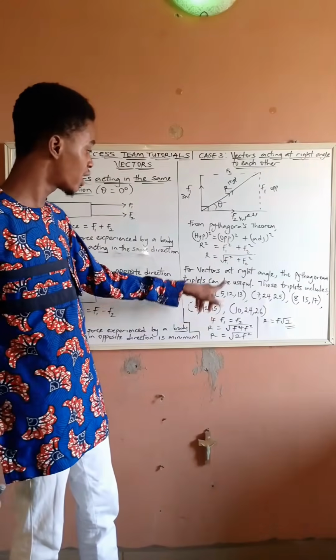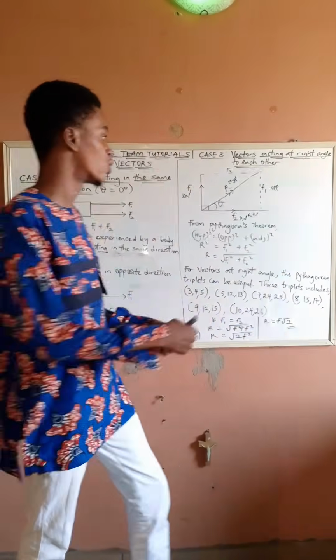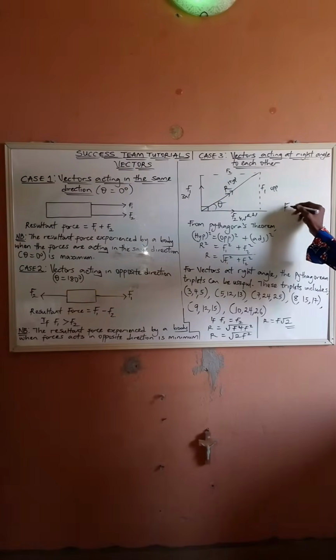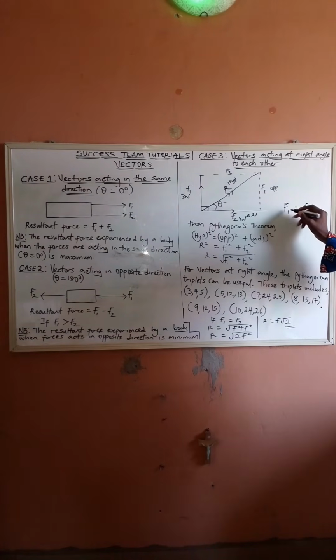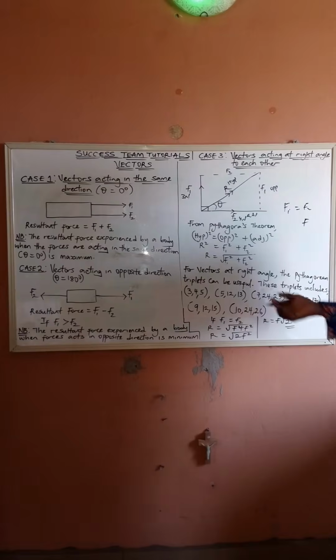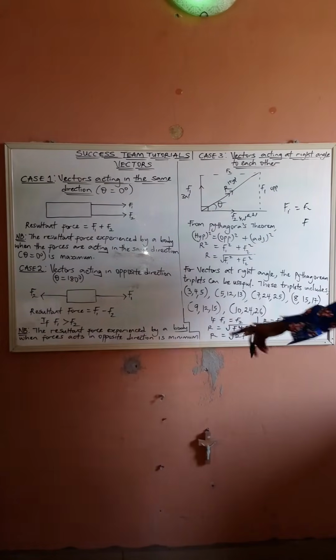Since F1 and F2 are equal, I can just represent the two of them as F. Since the two of them are equal, I don't want to differentiate them. So I'm going to have R is equal to the square root of F square plus F square.